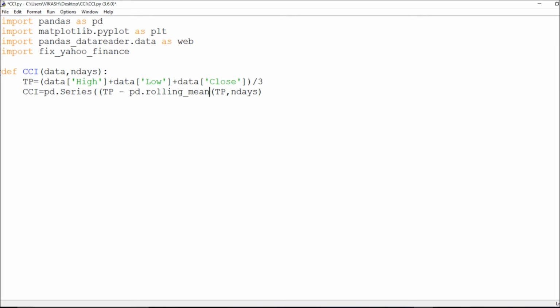This should be in brackets, and I need to divide it by a constant value, 0.015, multiplied with the rolling standard deviation, also of the typical price over n days.